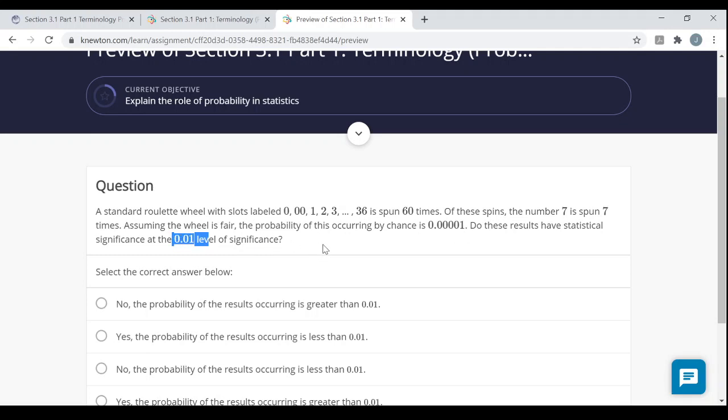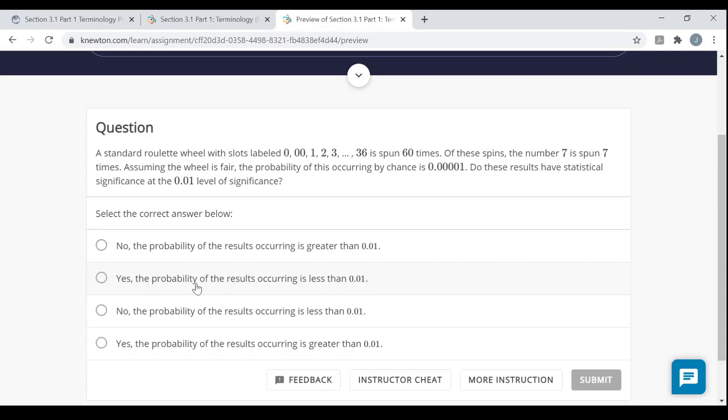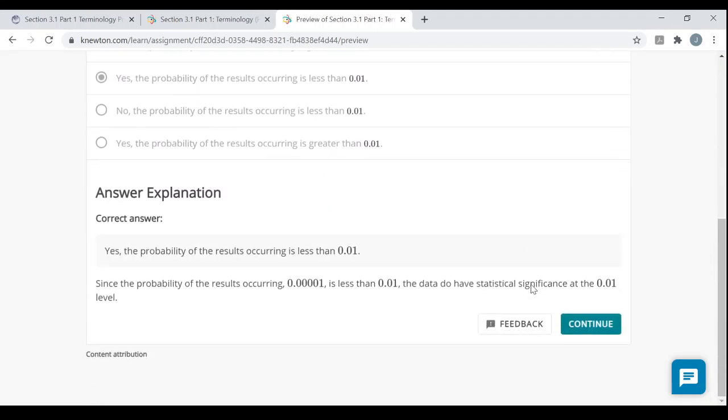If the probability of an event occurring is less than the level of significance, then we'll say the results have statistical significance. So yes, the probability of the results occurring is less than 0.01. This probability is definitely less than 0.01, so these results have statistical significance. This result is unlikely to occur on its own. Again, fancy words to describe a pretty simple idea.